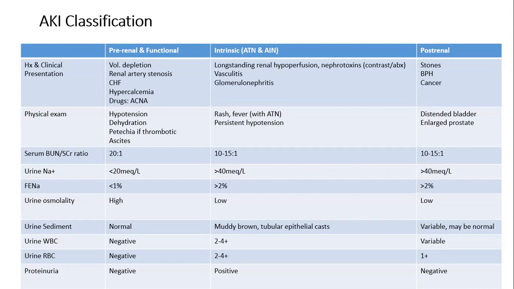But this patient is an acute MI case, and patients who have had a myocardial infarction can have long-standing renal hypoperfusion, and that could lead to acute tubular necrosis or acute kidney injury.